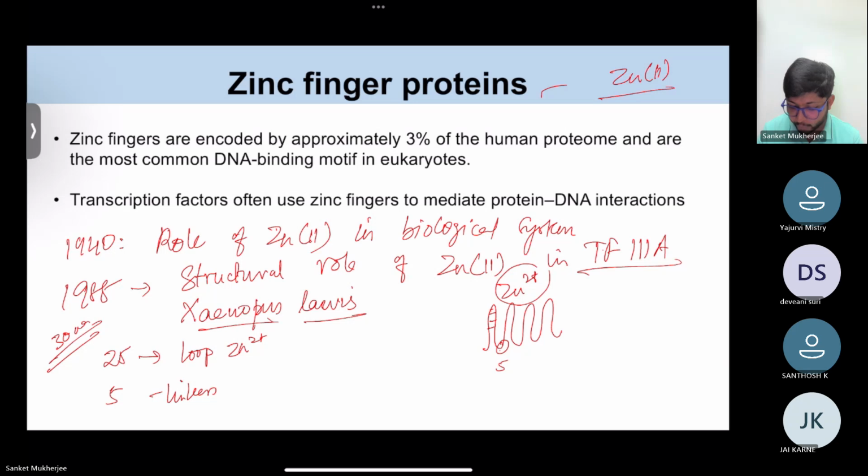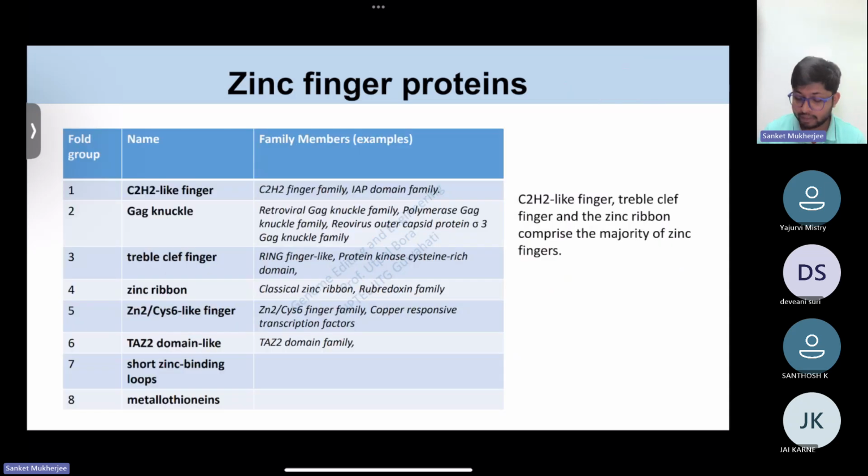These loops have conserved cysteine and histidine residues. All this information is already available in the lecture slides. There are different zinc finger proteins, like the C2H2 type and the gag knuckle.